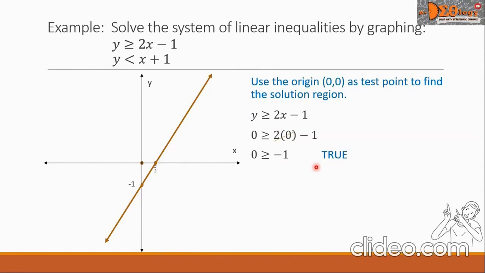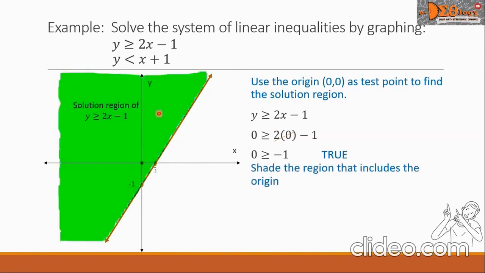It means to say we're going to shade the region that includes the origin. So this is now the shaded region, and this is the solution of the first inequality. The y is greater than or equal to the quantity 2x minus 1.